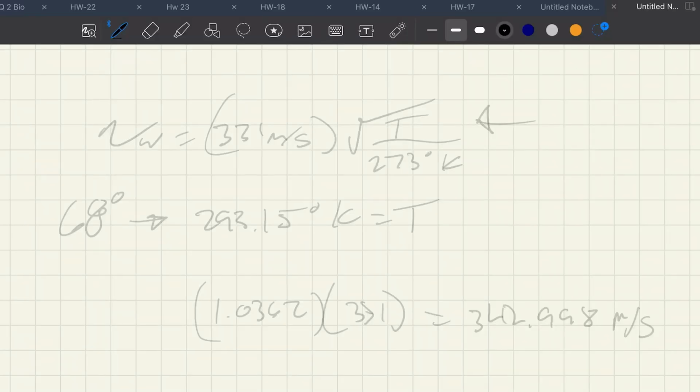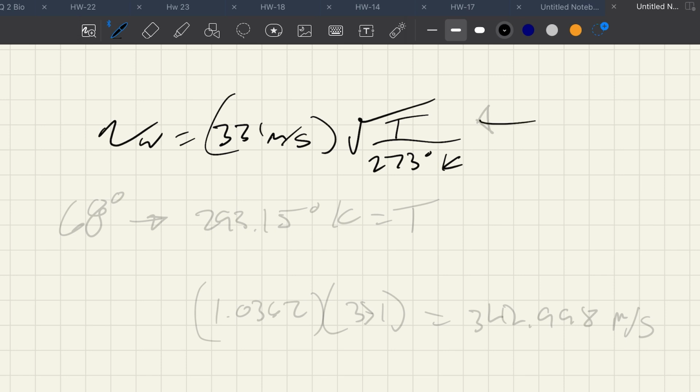In order to find the resonance frequency of the shower, what we need to do is take the speed of sound, which we know is 331 meters per second, and we take this times the square root of the temperature of the room over 273 degrees Kelvin.